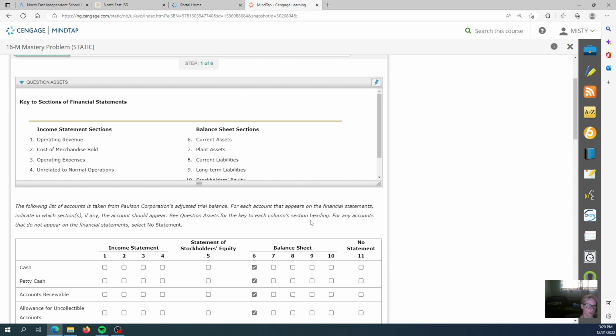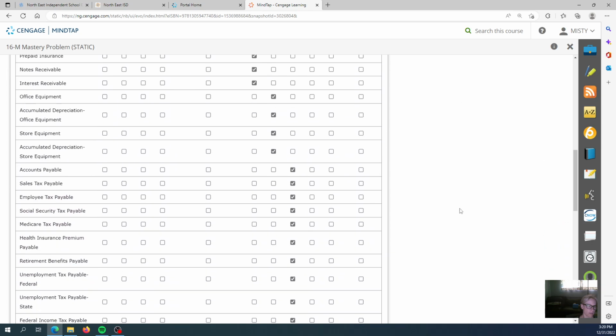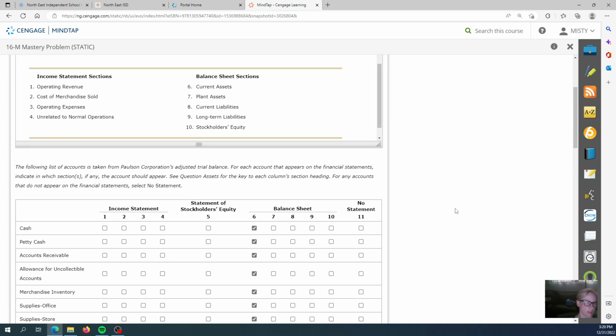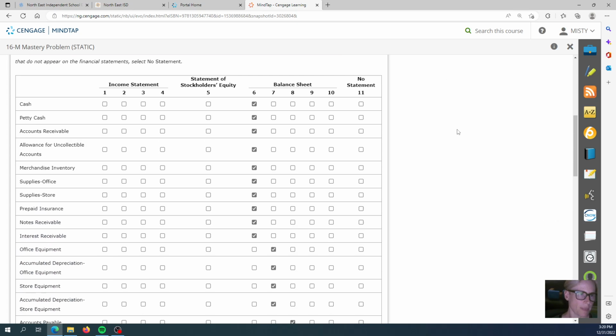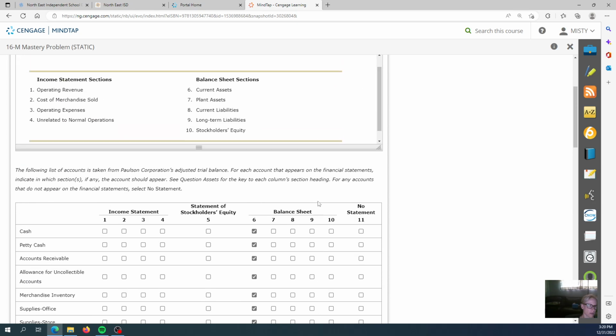The next one, we have our long-term liabilities. There's nothing on here for that. And then we have our stockholders' equity. So, stockholders' equity, we're going to have our, let's see.